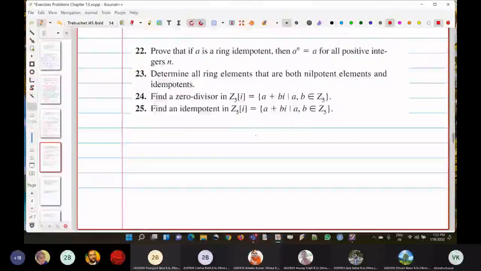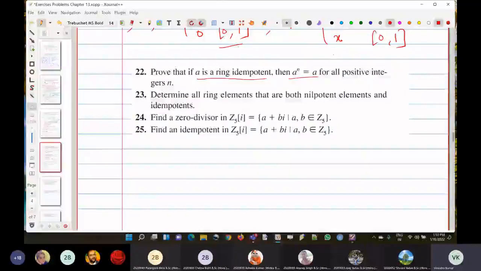Next, question number 22: prove that if A is a ring, idempotent, then a to the power n.